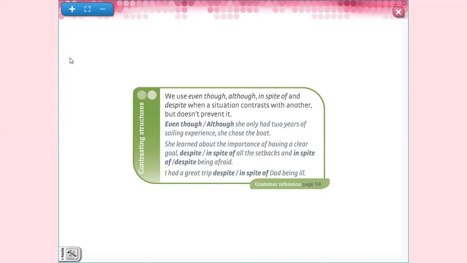Even so, although she only had 2 years of sailing experience, she chose the boat. She learned about the importance of having a clear goal, in spite of all the setbacks and despite being afraid. I had a great trip in spite of being ill.